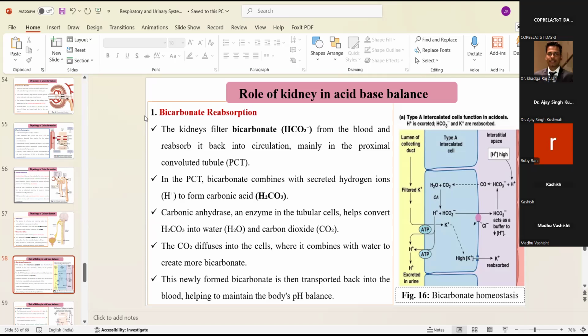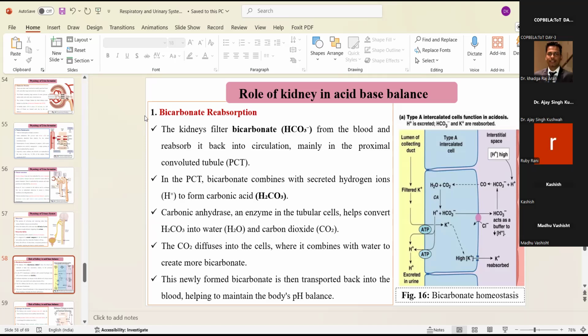In the PCT, these bicarbonate ions, HCO3, combine with free hydrogen ions and form carbonic acid, H2CO3. The tubular part of the nephron contains an enzyme known as carbonic anhydrase. What does this enzyme do? It converts the bicarbonate into water and carbon dioxide.